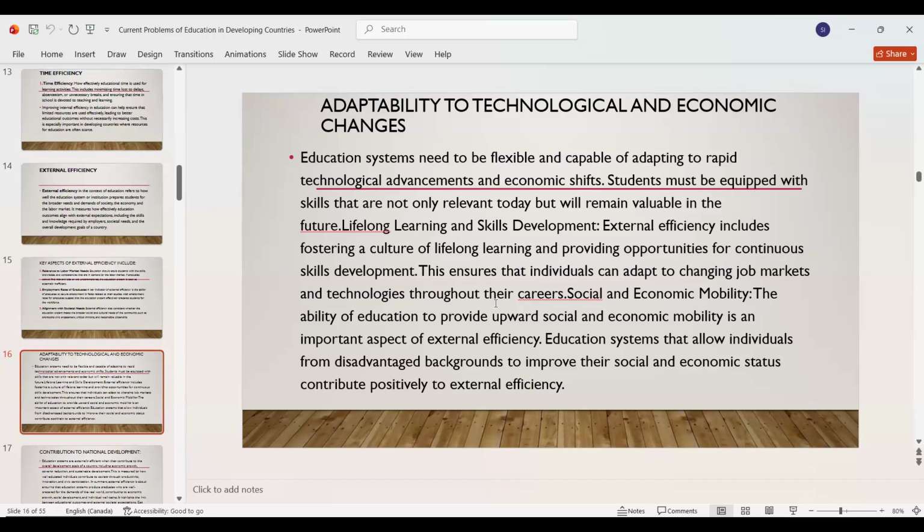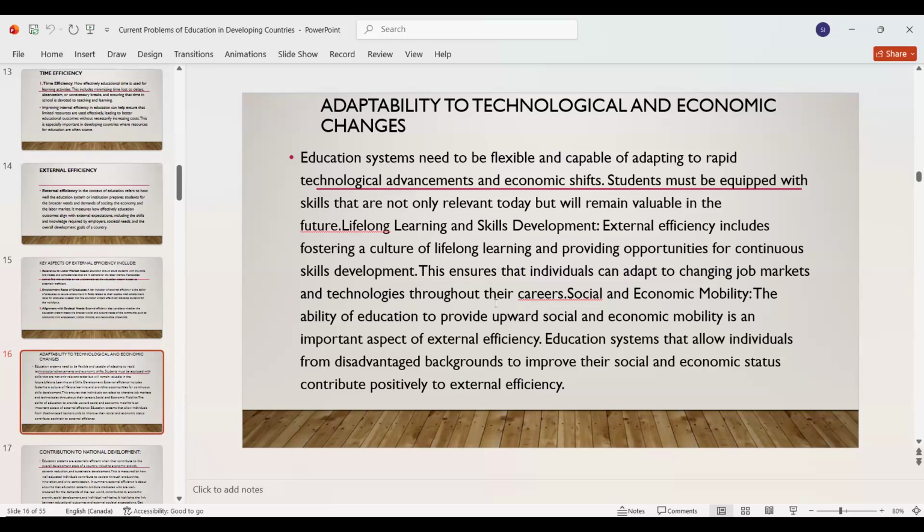So the education system needs to be flexible and capable of adapting to rapid technological advancement and economic shifts. So students must be equipped with skills that are not only relevant today, but will remain valuable in the future, right?